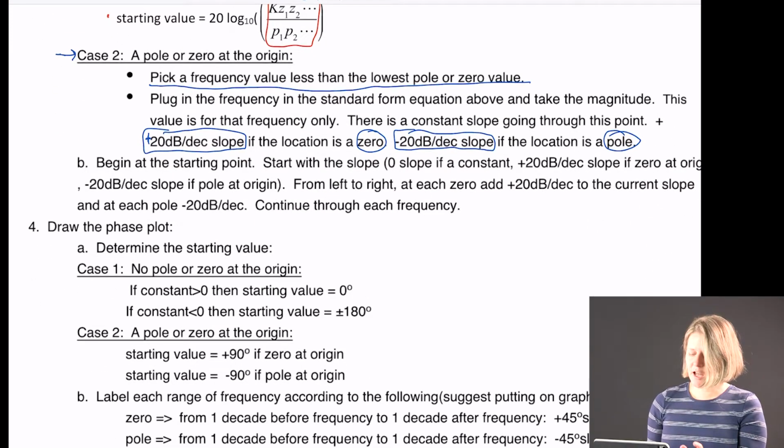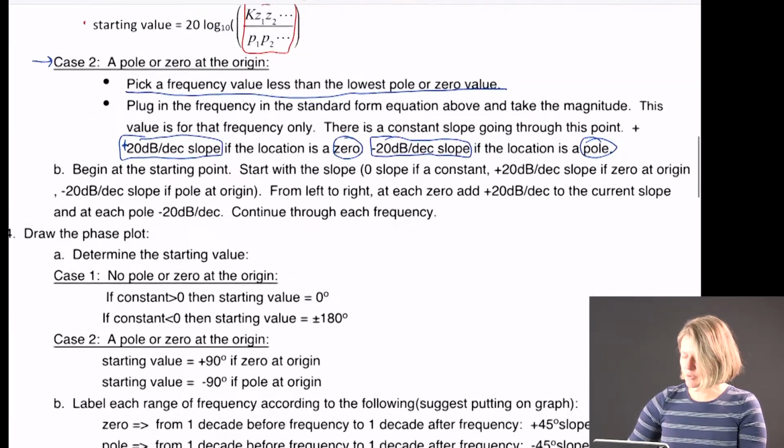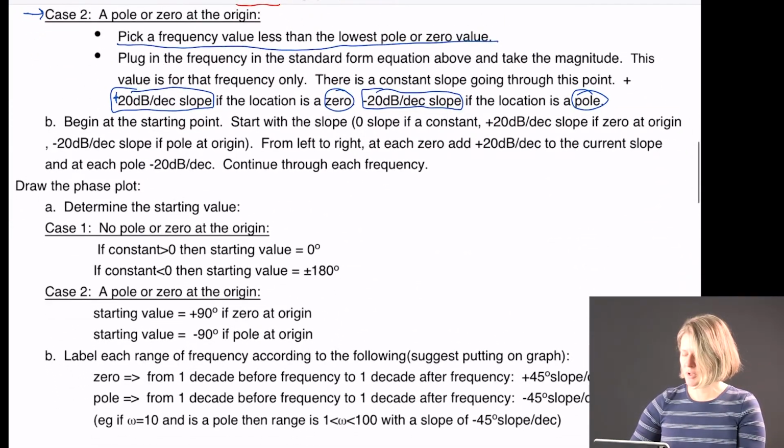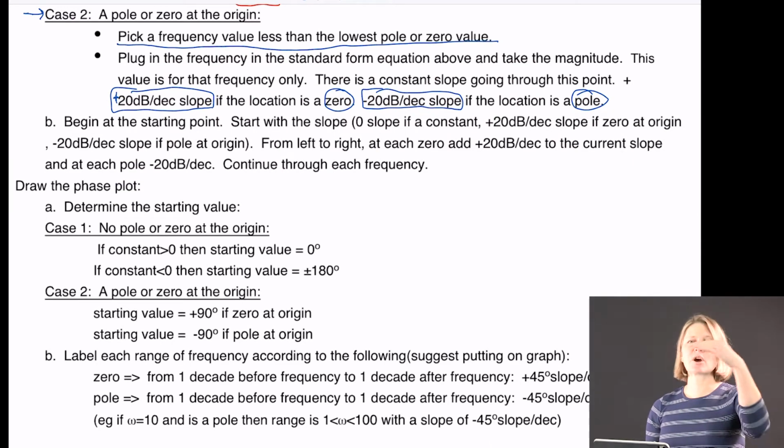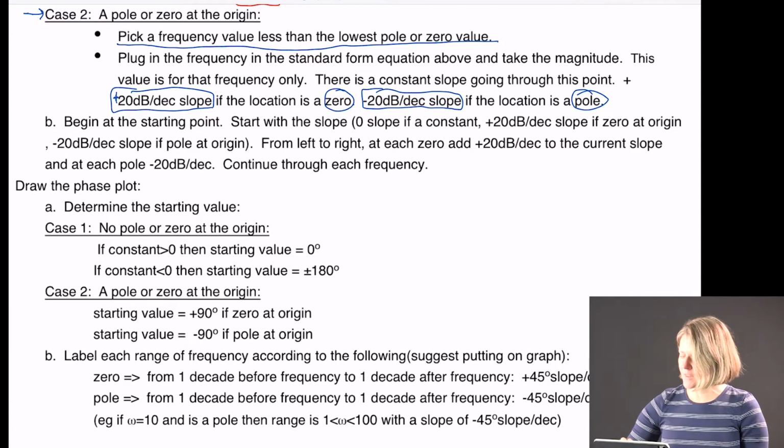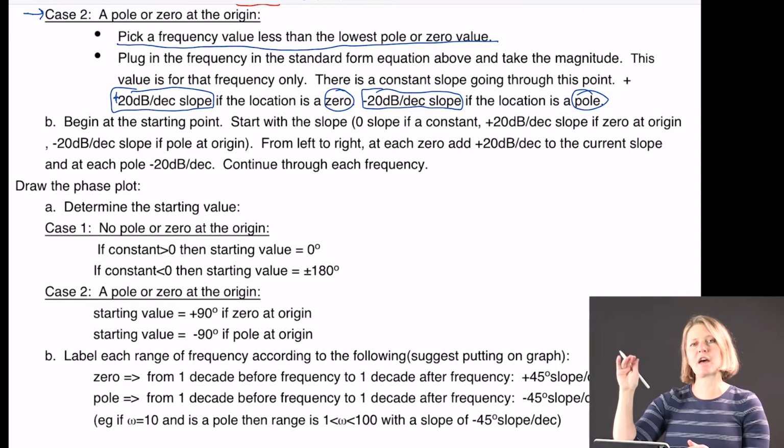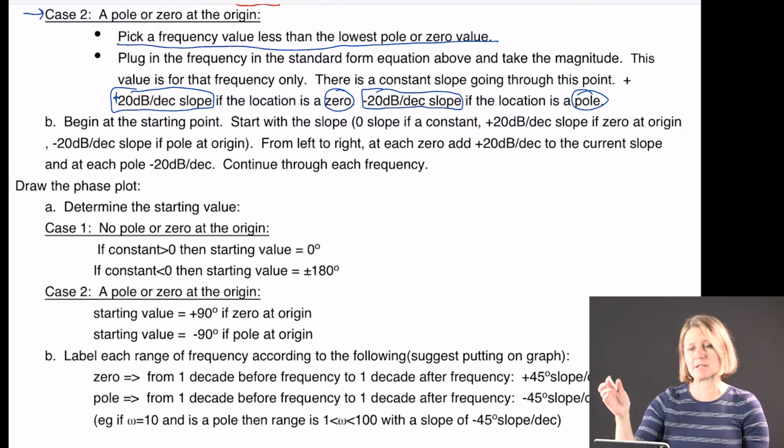You're going to start at either of the starting points, with a slope. The slope is 0 in the first case. In the second case it is either a plus 20 dB per decade or a minus 20 dB per decade. Then you continue along that until it reaches another pole or zero frequency.